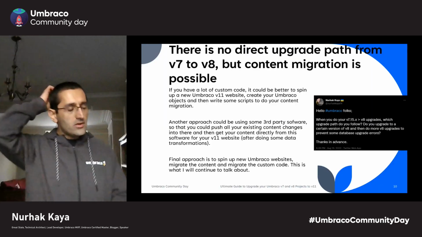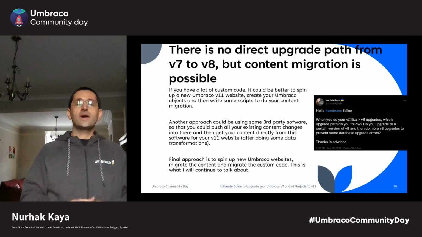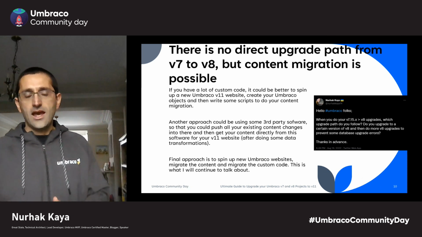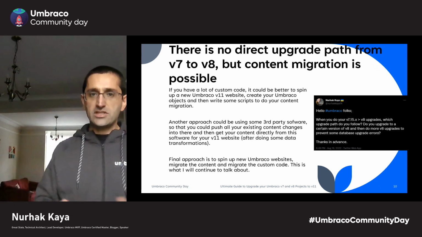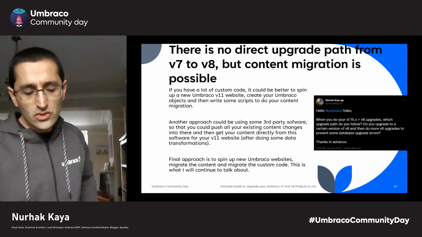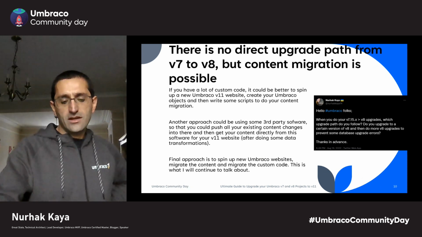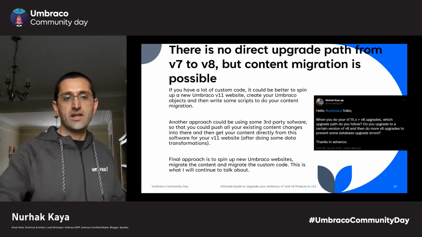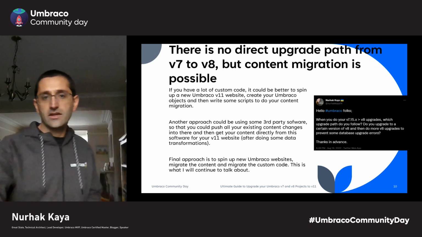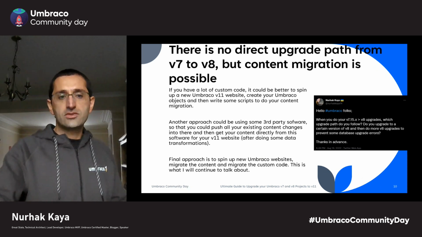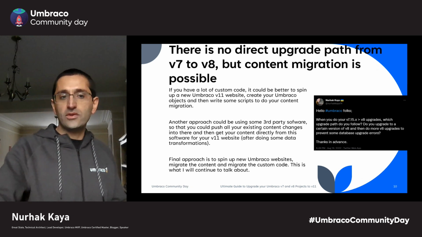Okay. So when I have been working on my upgrades, obviously I have had a chance to try quite a few options, and in my blog post I have mentioned some of them. The first option, if you have a lot of custom code, could be to spin up a new Umbraco 11 website, create all your Umbraco objects according to your latest requirements, and then write some scripts to do your content migration.